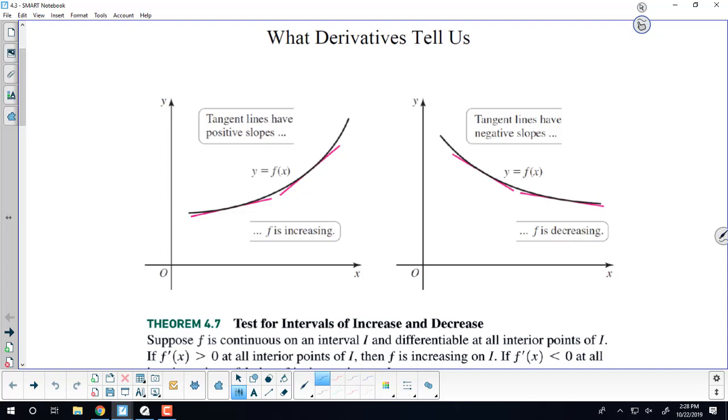So we're going to look at intervals of increasing and decreasing. And when we do that, it also will tell us where the local maximums and minimums are.